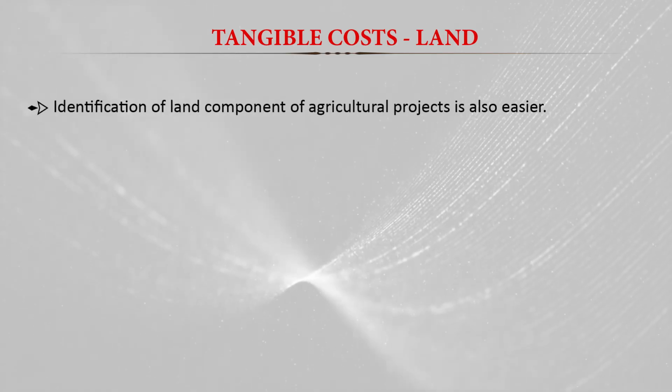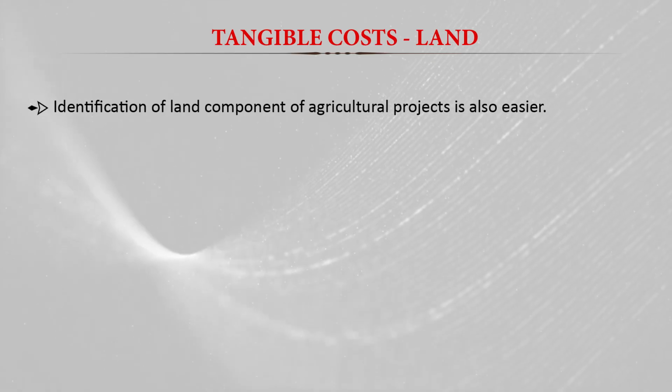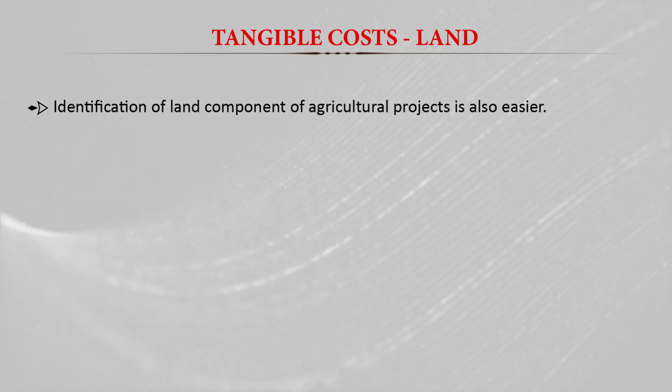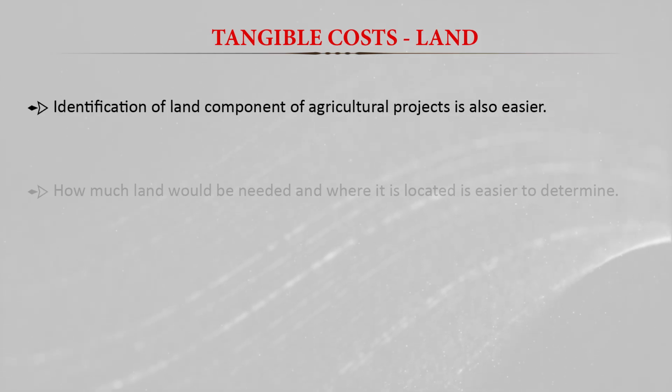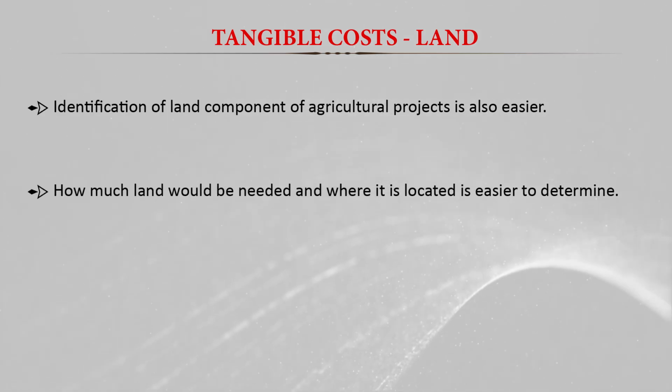Then another example of tangible cost is land, and identification of the land component of an agriculture project is also easy. We can easily identify how much land would be needed and where it is located.